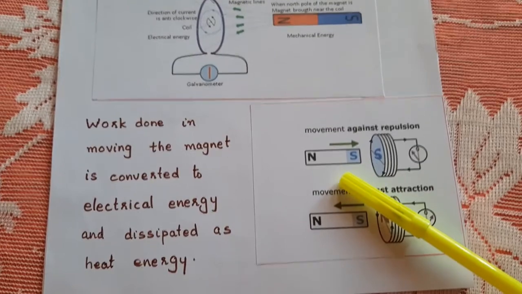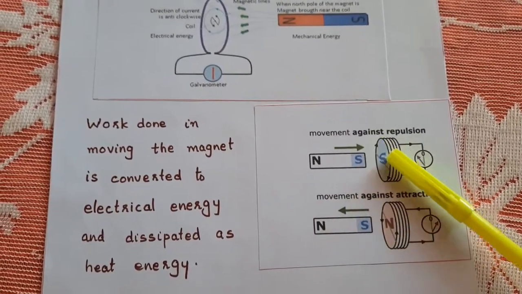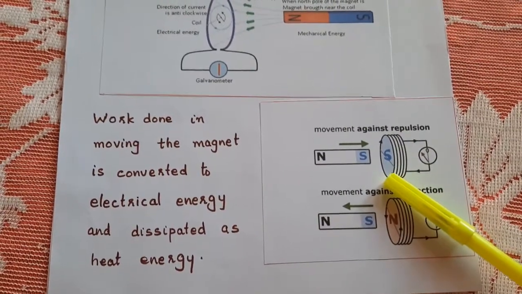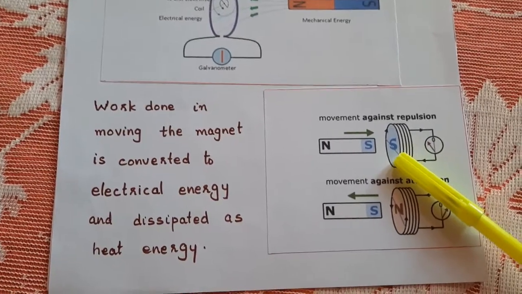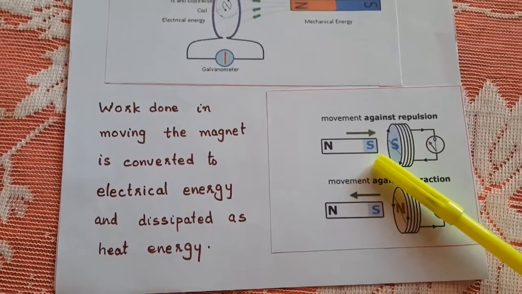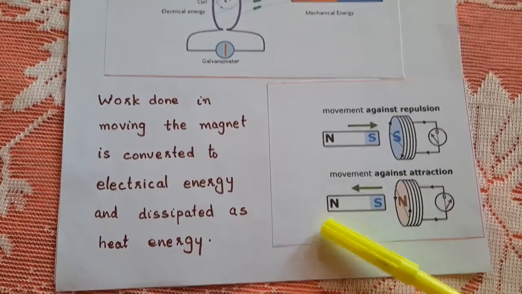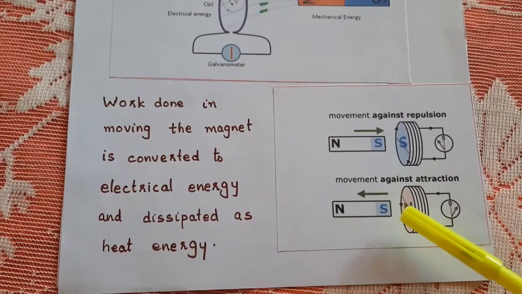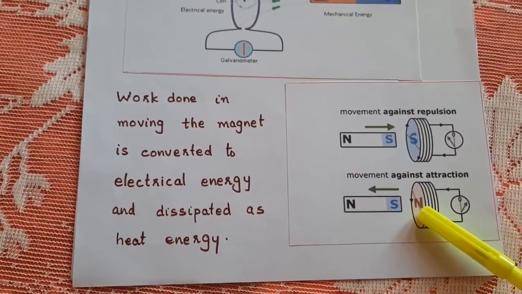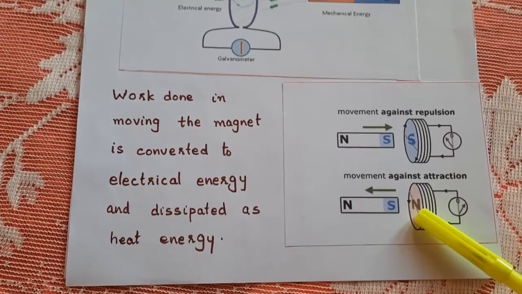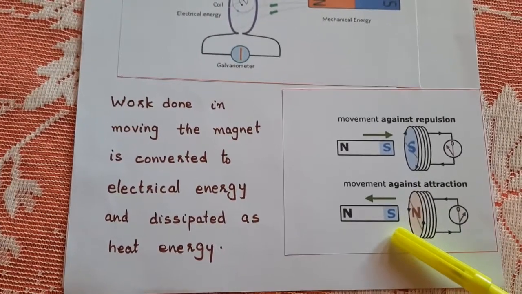When the south pole of a bar magnet is moved towards a coil, the current flows clockwise so that the polarity induced in the coil is south, so the coil repels the magnet. When the south pole is moved away from the coil, the current flows anti-clockwise so that the polarity induced in the coil is north. So the coil attracts the magnet.